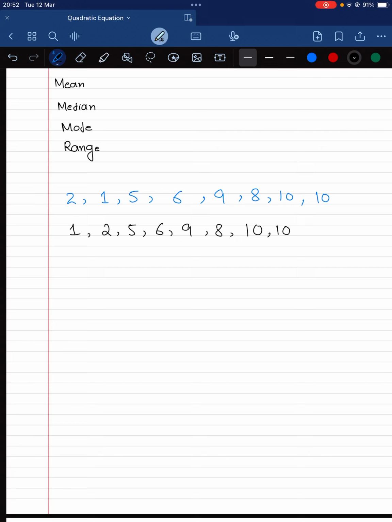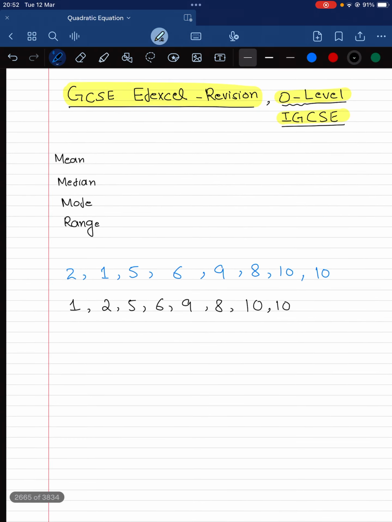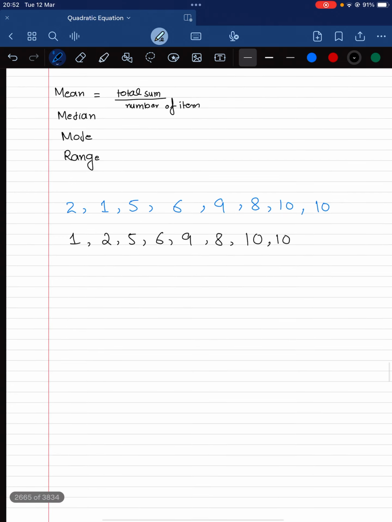This is called the ungrouped data. First of all you need to learn the formula of mean: total sum divided by the number of items. So first we add all the quantities to find the mean.